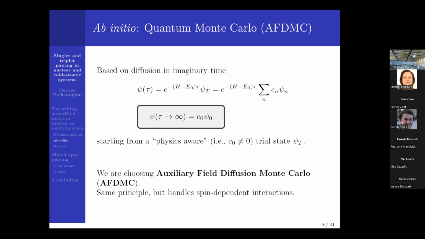We know that the BCS wave function is a good approximation, a good qualitative description of the system. So we use it as a trial wave function, and we make diffusion Monte Carlo project out of it the ground state. So that's exactly the trial wave function that we use.